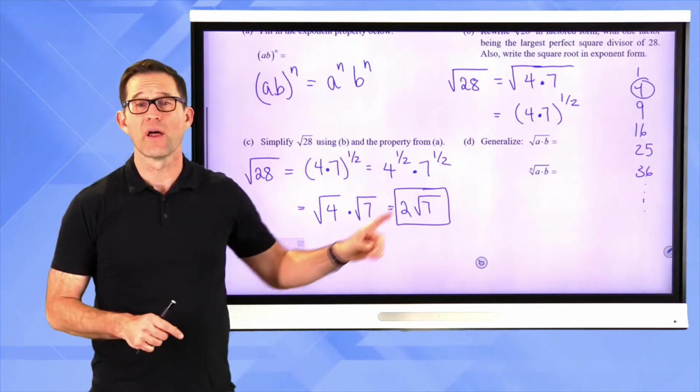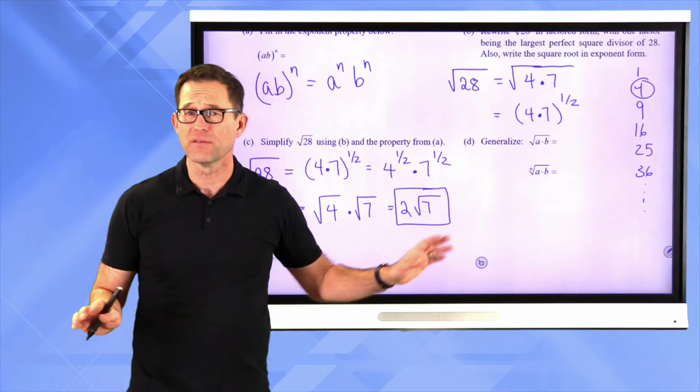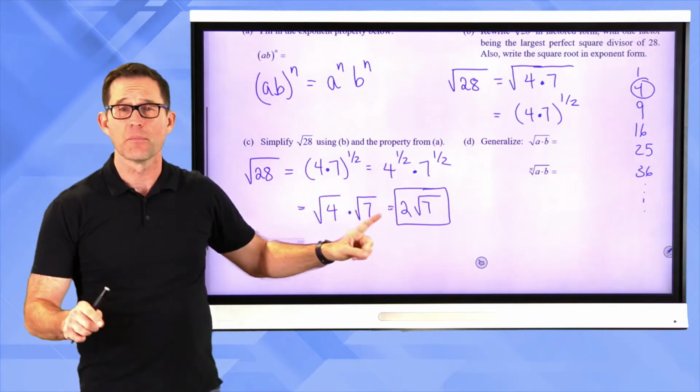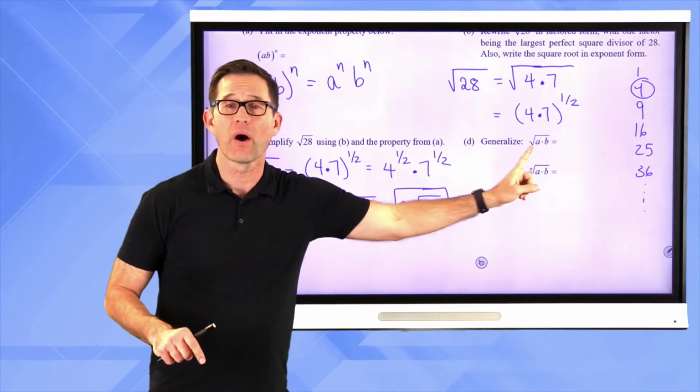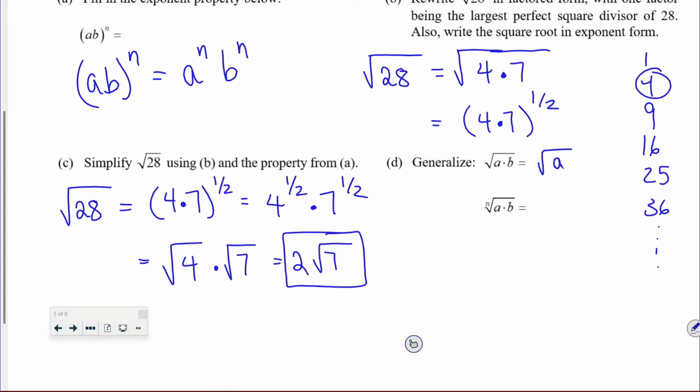Now we can generalize this in letter D. Let's take a look. The square root of a times b equals, and the nth root of a times b equals. Now a and b don't have to be perfect squares or perfect cubes or anything. The plain fact is, if I've got a product underneath the square root, then I can just say this is the square root of a times the square root of b.